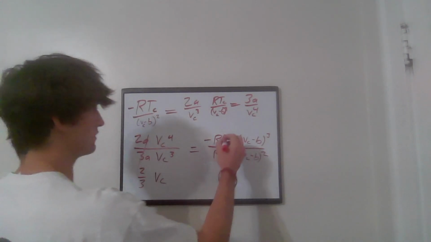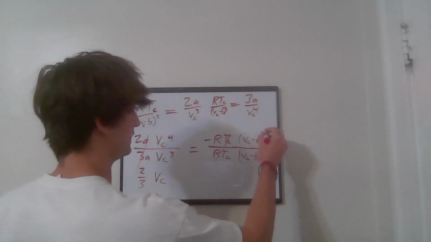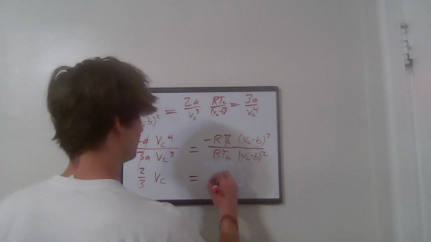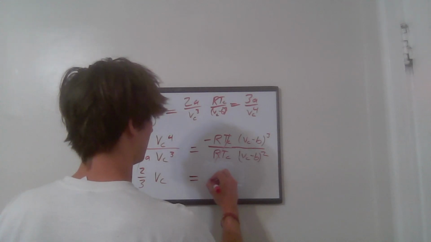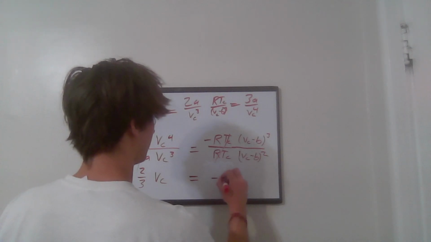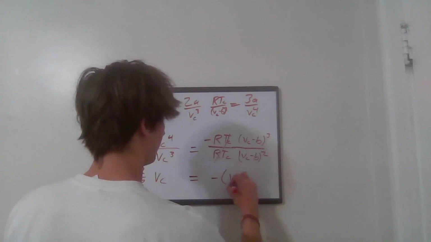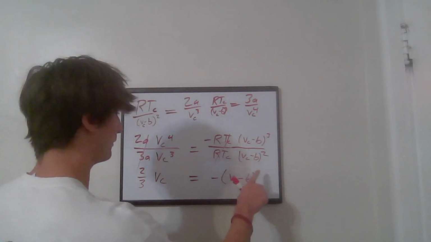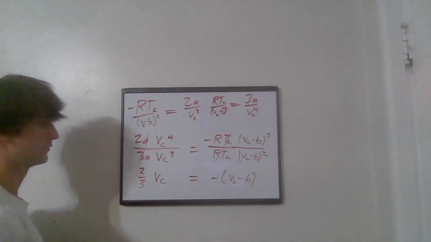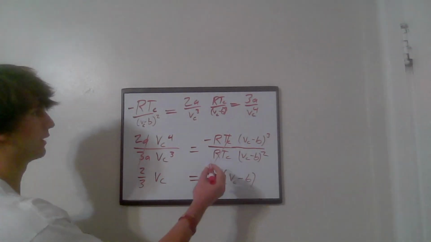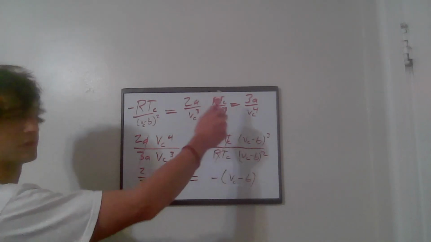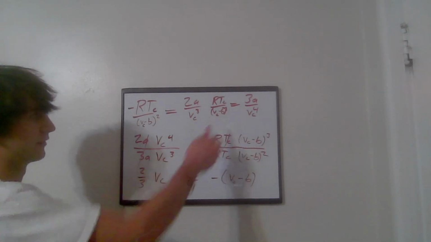And so these can cancel, and these can cancel, 3 minus 2. And it should be negative volume critical minus b to the 1 power. So this would be our simplified equation after multiplying the first derivative by the reciprocal of the second derivative.